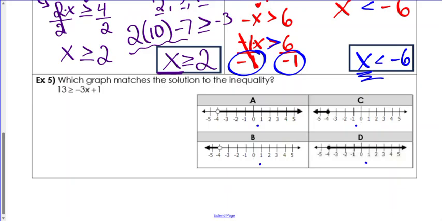I'm going to start by flipping this entire inequality. I would much rather have my x on the left side to start. So I'm going to take this expression and bring it over to the left. I'm going to take the 13, bring it to the right, and I'm going to flip the sign. I'm not changing anything. I'm just changing the way that looks.